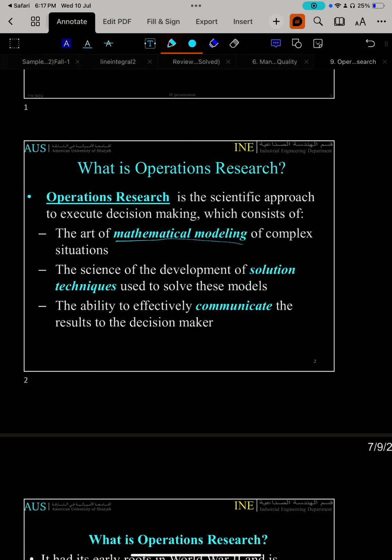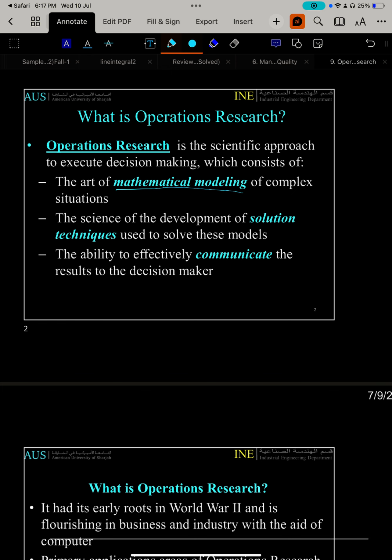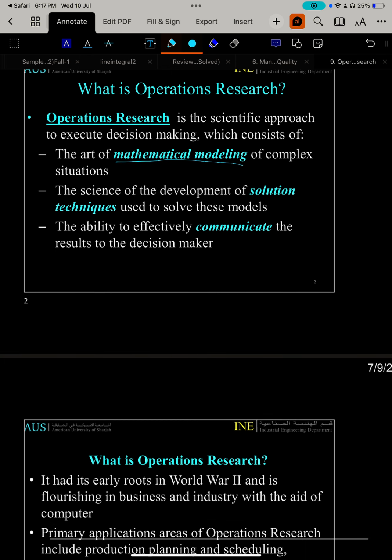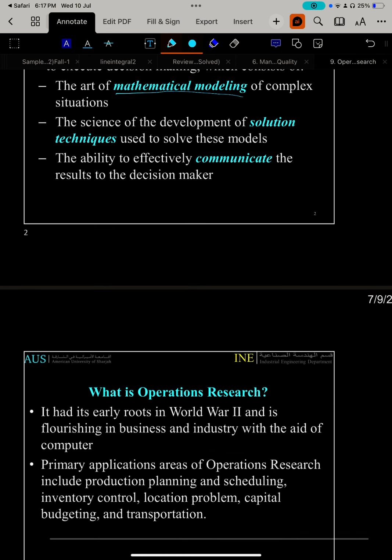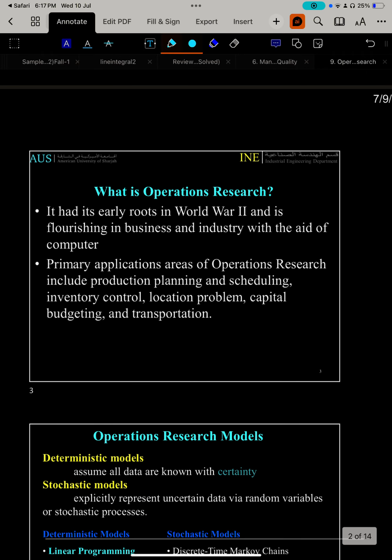So we need to have some numbers backing up our work. And we say the science of development of solution techniques, so we need to develop solution techniques, and we'll be able to also effectively communicate the results to the decision makers.